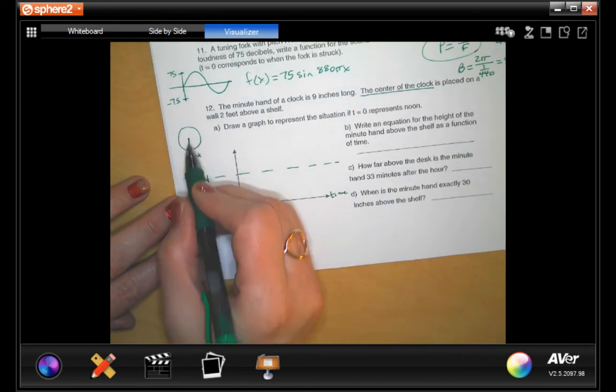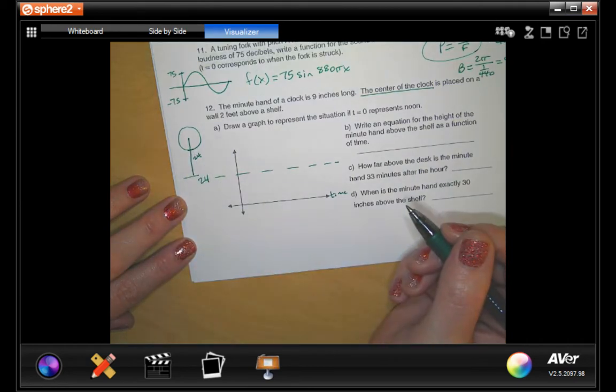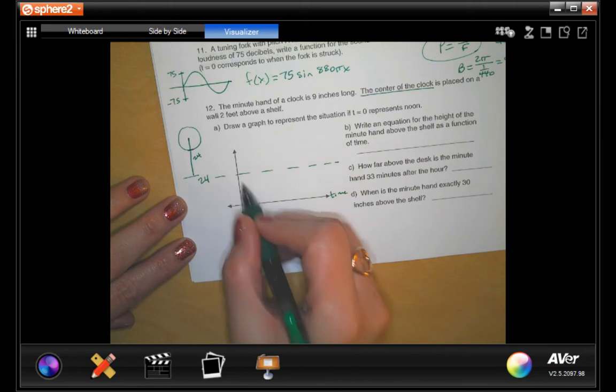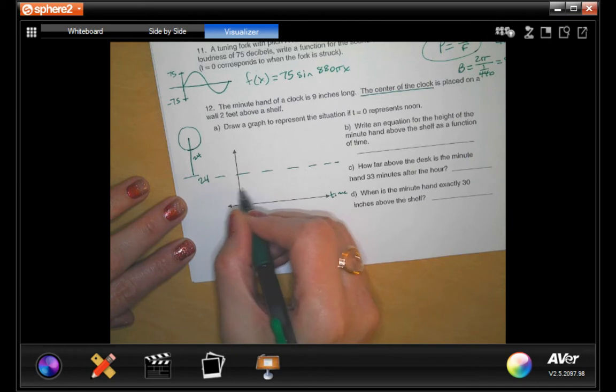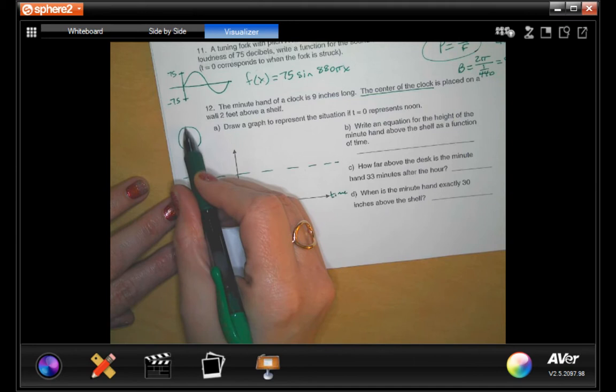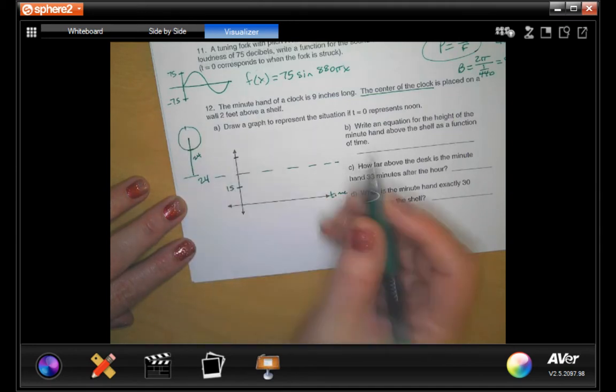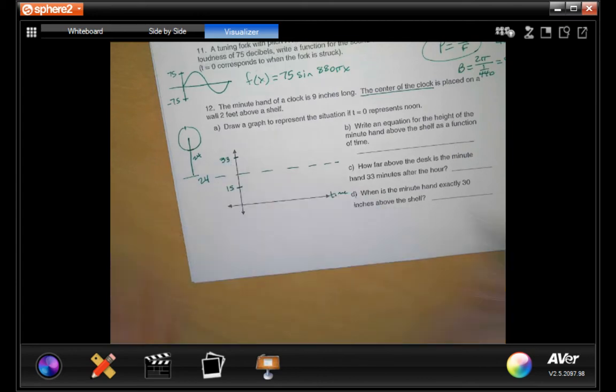What is this part right here? It's the 9, so it's 9 inches below. What is 9 inches below 24? 15. And if the minute hand is up here at the 12, it would be 33.